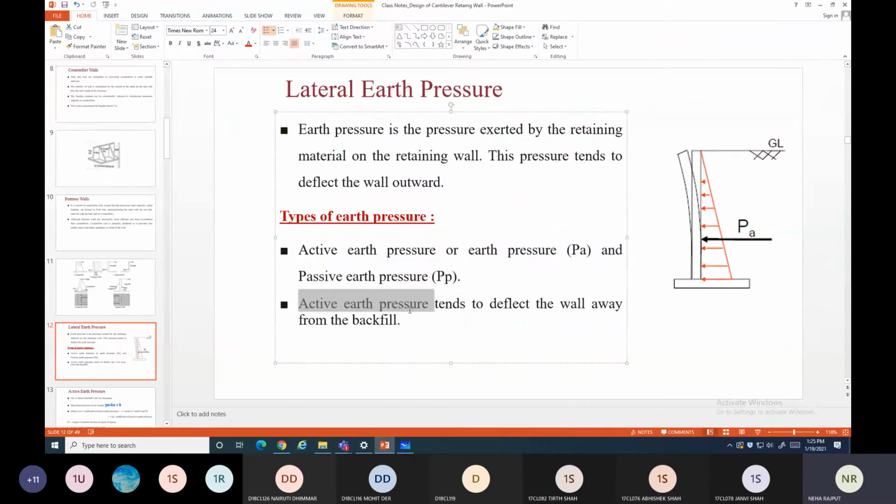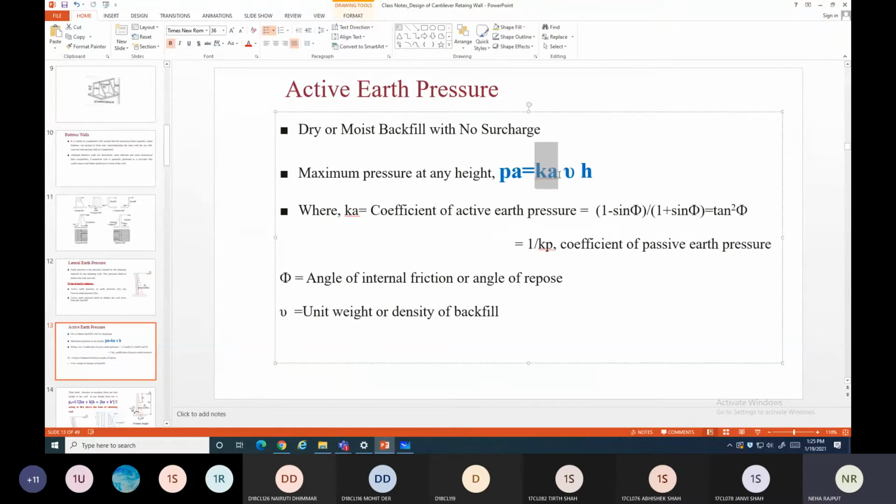And what will active earth pressure do? Active earth pressure tends to deflect the wall away from the backfill. So this active pressure is Ka gamma H. What is Ka? Ka is the coefficient of active earth pressure. You can find it from this equation, Ka equals (1 minus sine phi) upon (1 plus sine phi), and it is inversely proportional to Kp, where Kp is the coefficient of passive earth pressure.